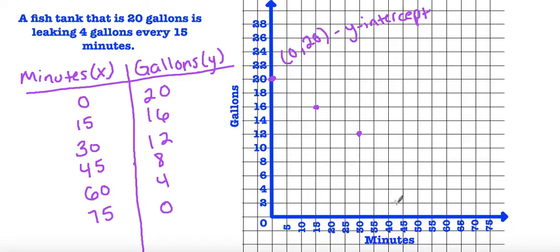And again, you'll see that pattern that I was talking about. And here we have 75, 0, which is our x-intercept. And in this case, it's when our water has completely leaked out of our tank. So I'm going to try my best to make that straight.